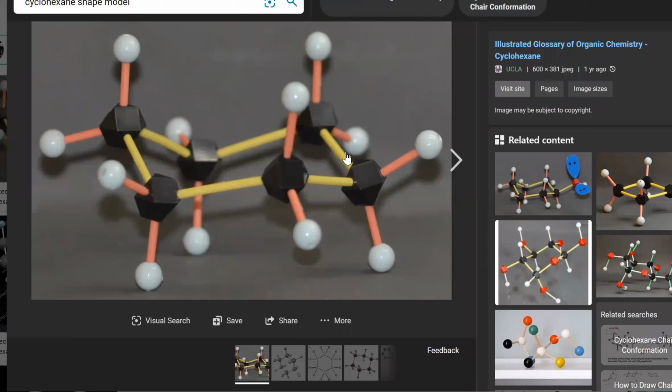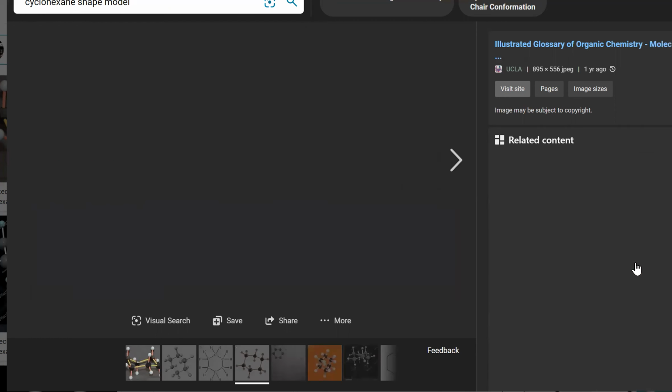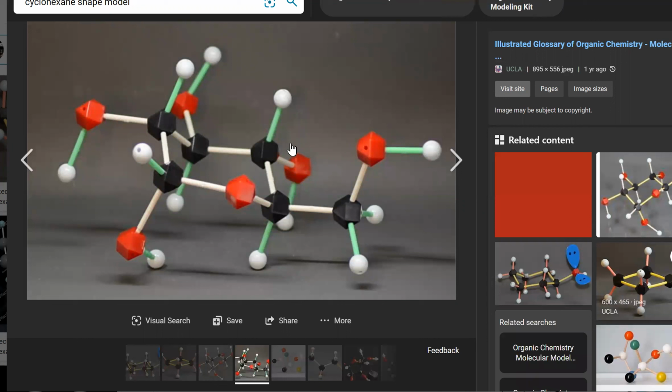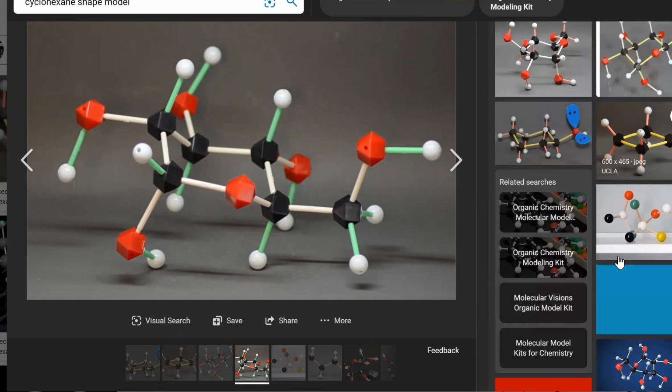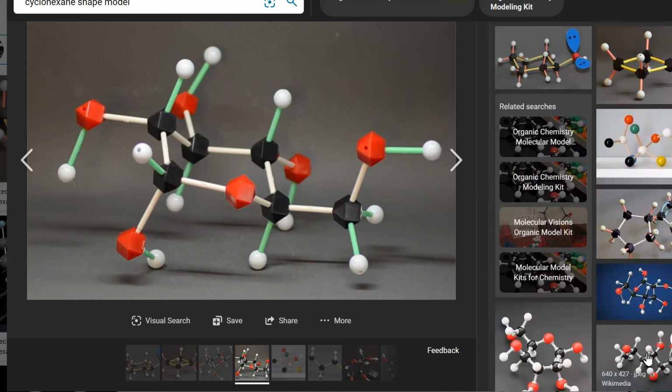They're all making 4 bonds. So they're not lying in the same plane. Some are up, some are down, okay, they're not lying in the same plane. This is also a good example of a tetrahedral structure. So they're not lying in the same plane because it's tetrahedral. Is that clear?